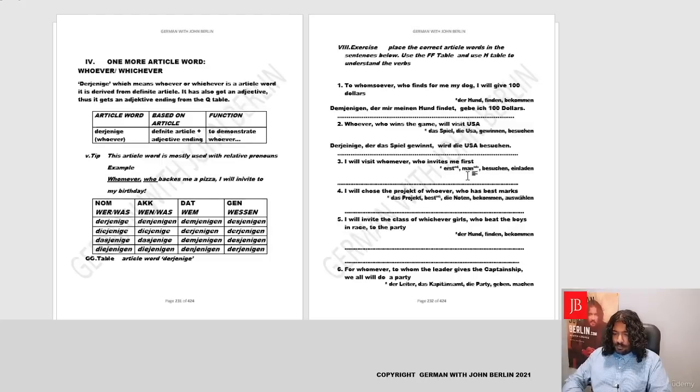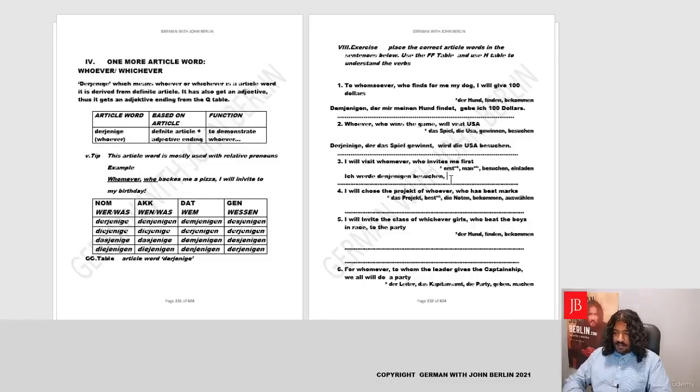So who visits whom? Ich werde whomever. Whom is accusative, by default masculine. We'll write ich werde denjenigen besuchen. We could complete this perfect sentence and comma. Who invites me first? So who is nominative? Yes. And we did it earlier in the table.